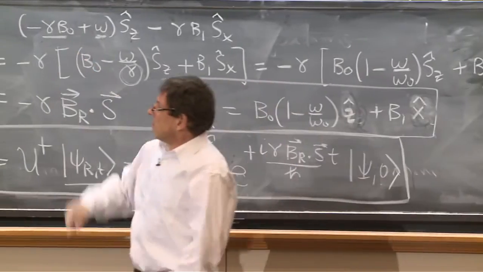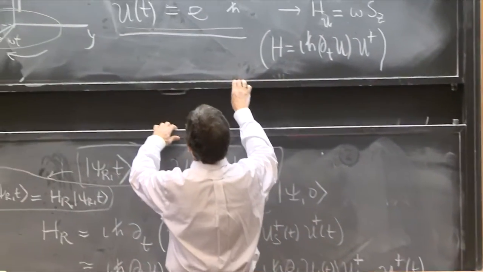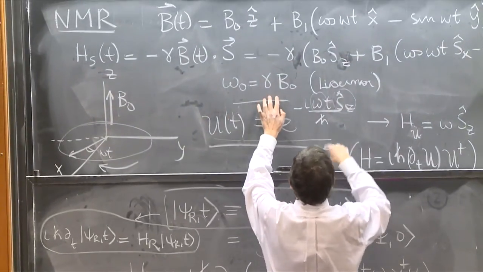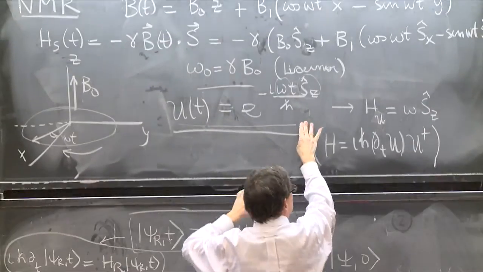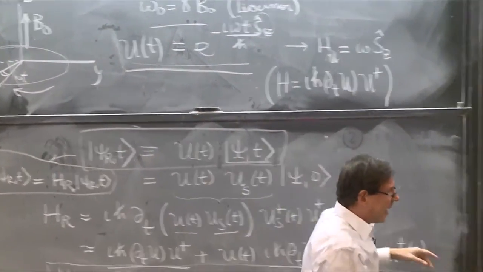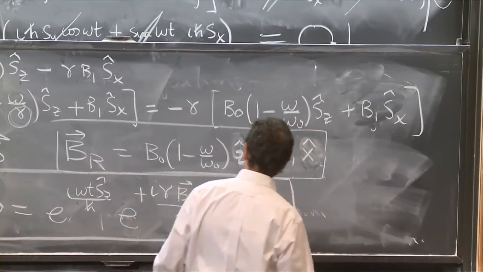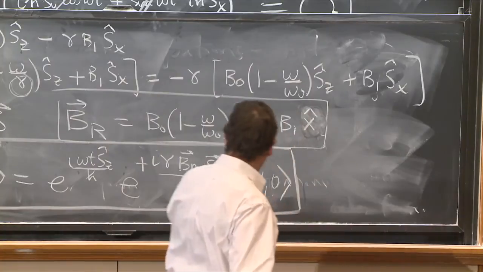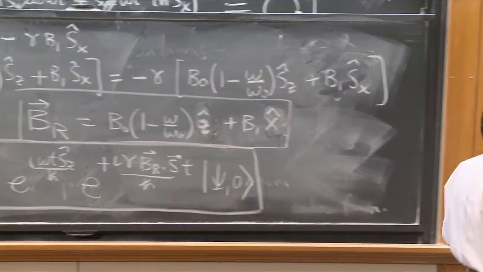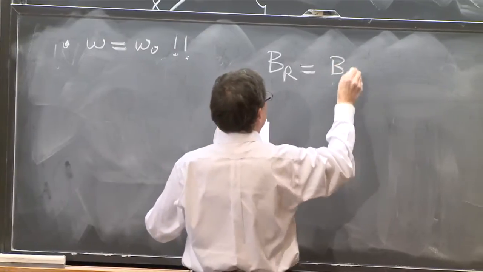So the physicists know what omega naught is for the spins, and then they make the radio frequency coincide with that omega naught. In that case, you lose completely the z component here of this BR. So BR is going to be B1x.